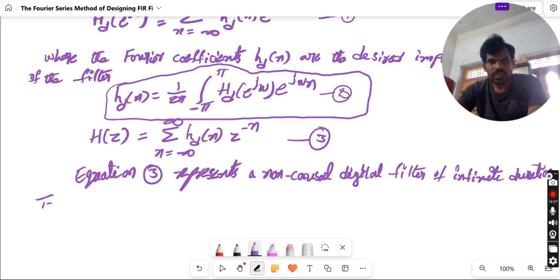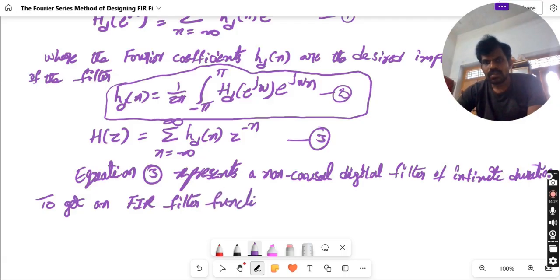To get an FIR filter transfer function, how are we going to represent that transfer function? That is capital H.